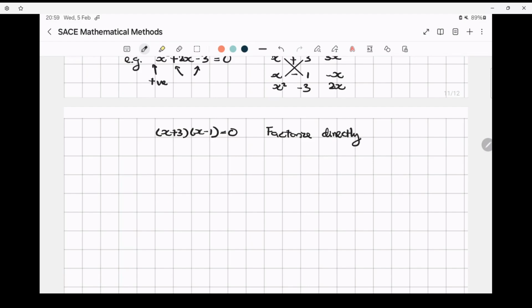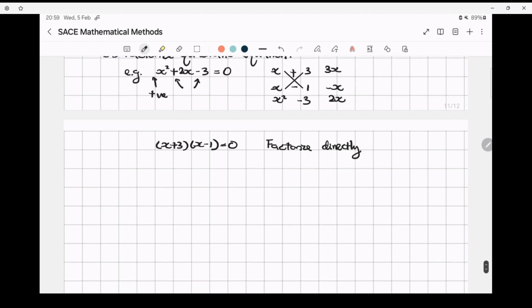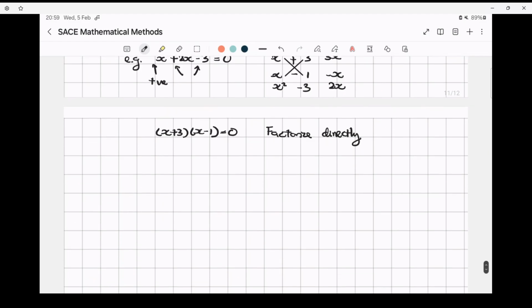Now I'm going to show you how to do the same equation by completing the square. So completing the square, you start with x squared plus 2x minus 3 equals 0. The way that I'm doing it right now, I will use it later on to derive the quadratic formula, so it will be slightly different from perhaps what you have learned before.